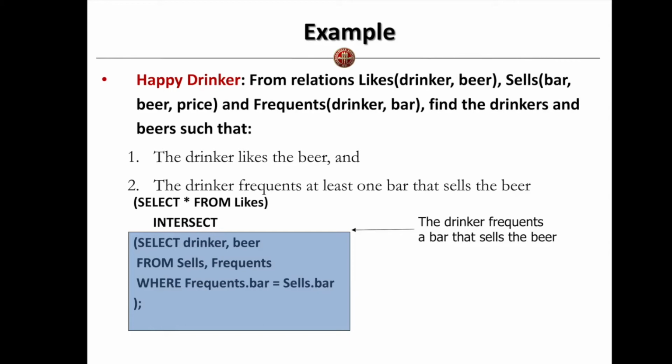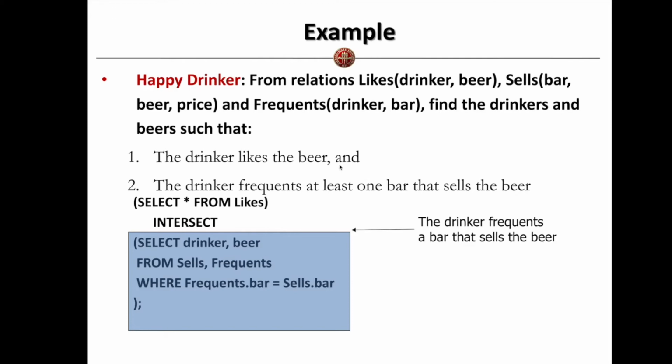Besides this, can we do this query in a different way? We can use the union or intersection operators to help us, right? So what are the happy drinkers? The happy drinkers should be the drinkers who like the beers, and the drinker frequents at least one bar that sells the beer.